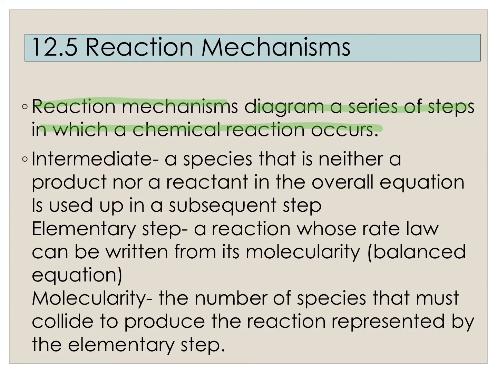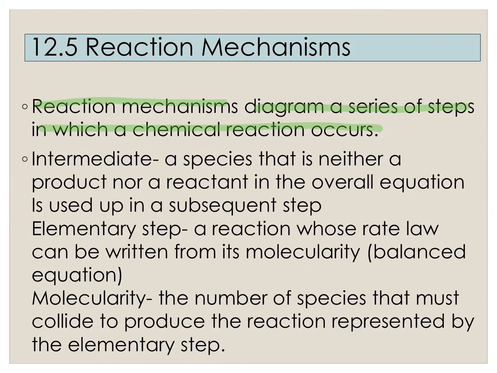Remember when we talked about a reaction, it requires them all to collide at the same time with the correct amount of energy and the correct orientation. So 3 molecules all colliding at the same time is already rare. Now they have to collide at the exact right orientation with the exact right amount of energy.